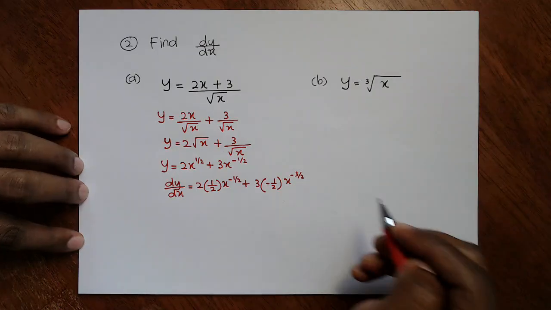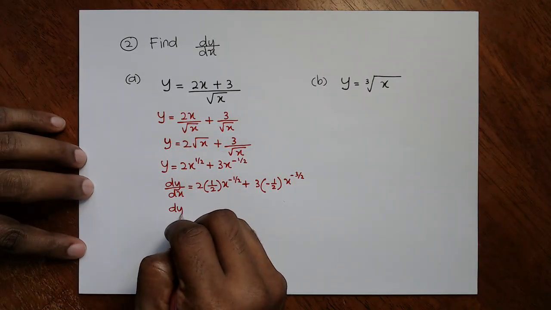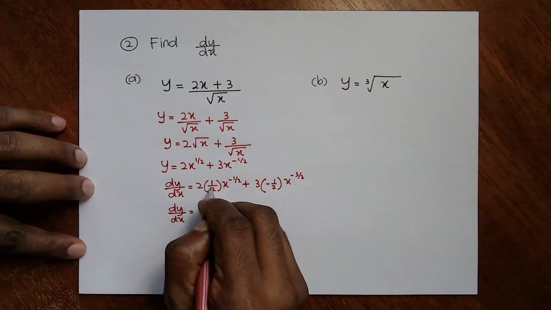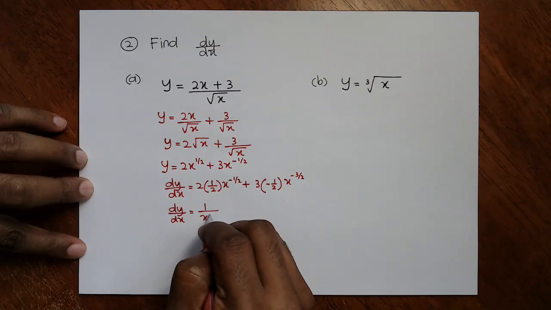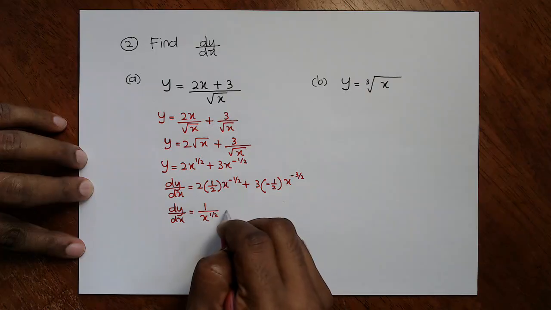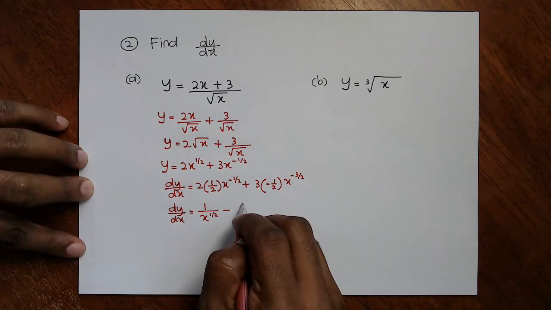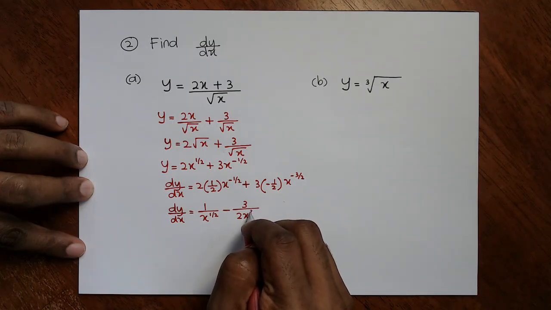And then you simplify that, you get dy/dx equals, this becomes 1, this one we bring down, so you get 1 over x to the power of 1 over 2. This becomes minus 3 over 2, this bring down, so 3 over 2 x to the power of 3 over 2, and that would be the answer.